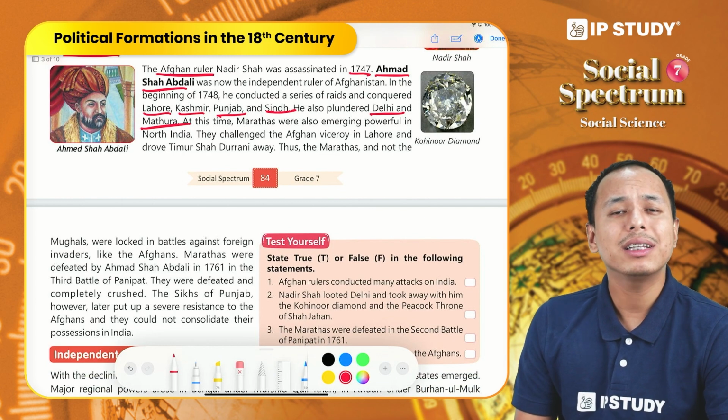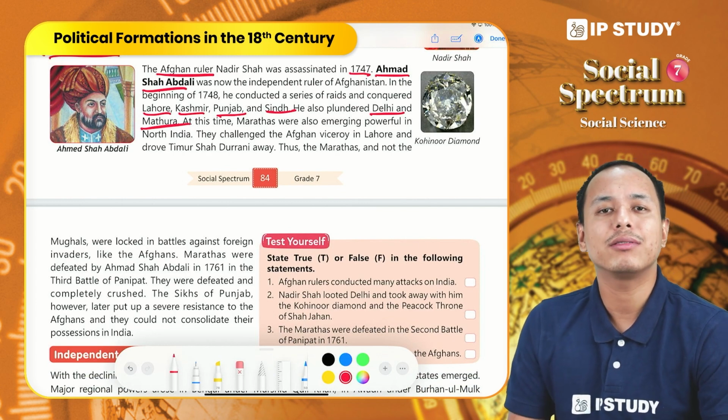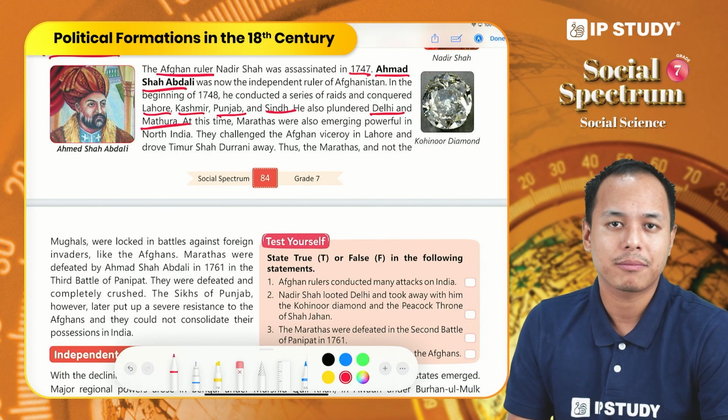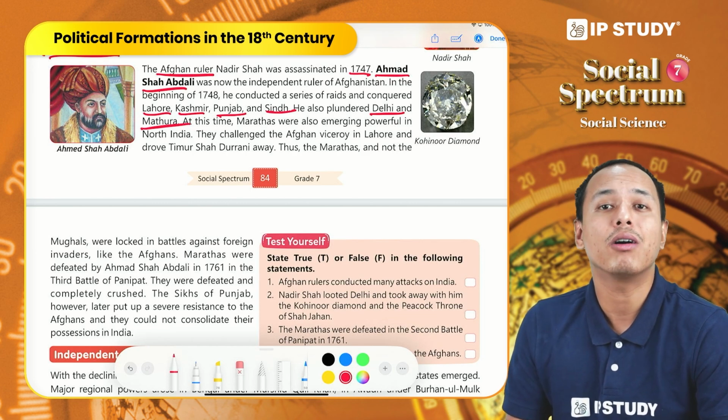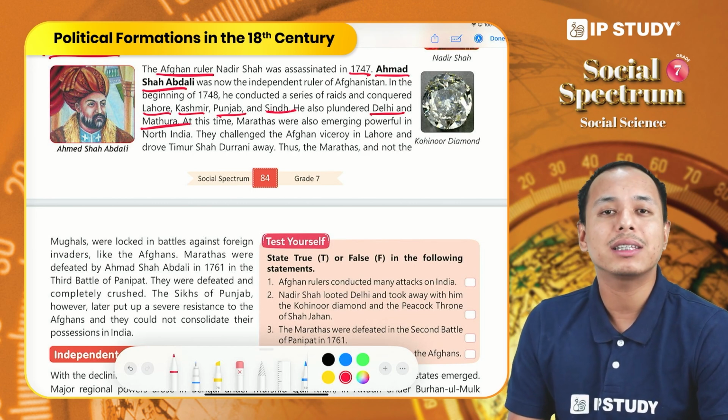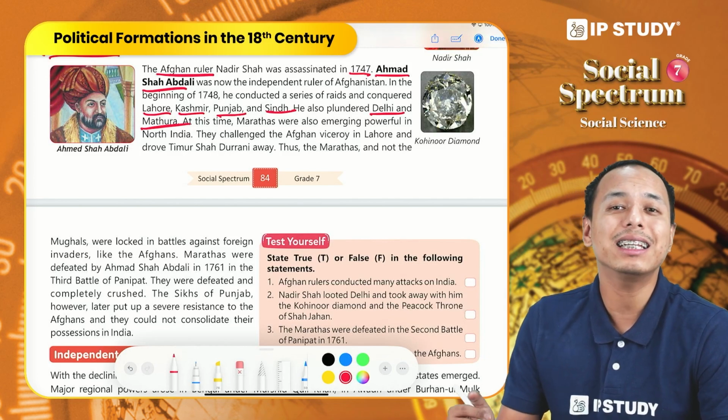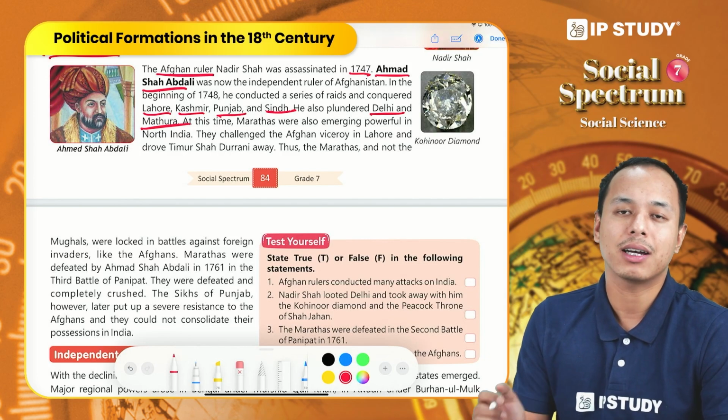However, during this time the Marathas were emerging as a very strong power. Thus, it was not the Mughals but the Marathas who were resisting the invasion from Ahmad Shah Abdali.